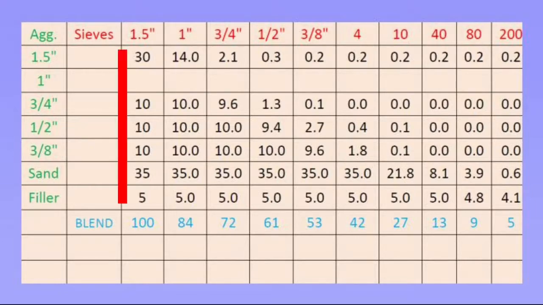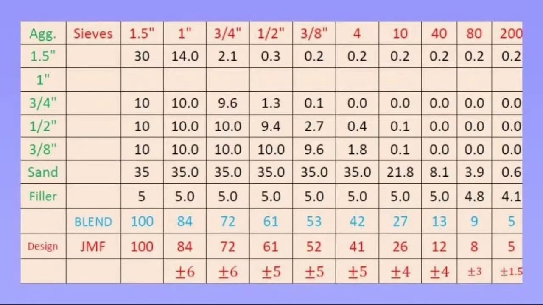Now consult the design and put the values for design JMF and compare all your blending percentage values with the design JMF values. As you can see here, the first sieve is giving the exact value as the design JMF value, but sieve number 38 is giving 53 as the blending percentage value.